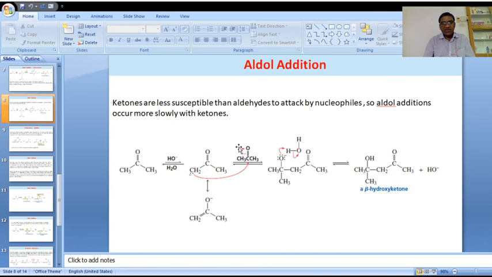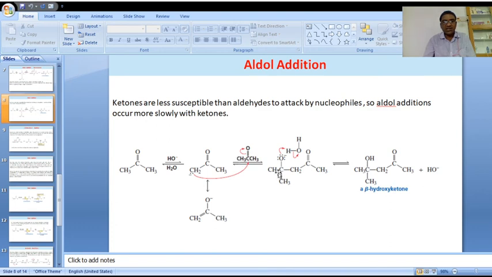Immediately the pi bond cleaves and the oxygen atom gets negative. This is the CH2, which bonds with the CO, CH3, CH2. Is it clear?